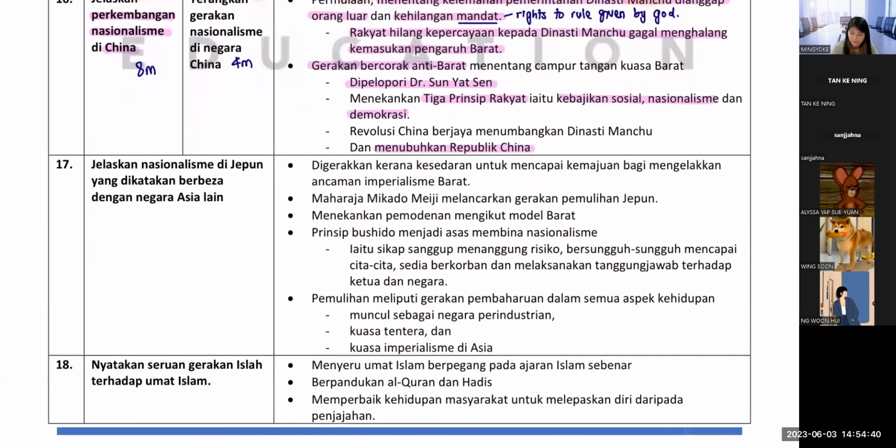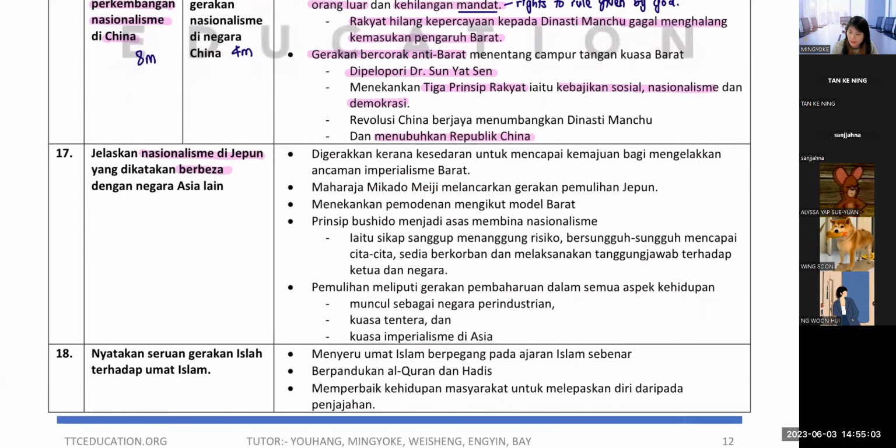Japan is different. Nasionalisme di Jepun berbeza, because they only care about their own achievement and development. The moment Japan was able to develop, they could prevent Western countries from conquering them, like Thailand. Thailand also developed their country to prevent being conquered. You understand? So in this case, you can see kesedaran mencapai kemajuan bagi mengelakkan ancaman imperialisme Barat.